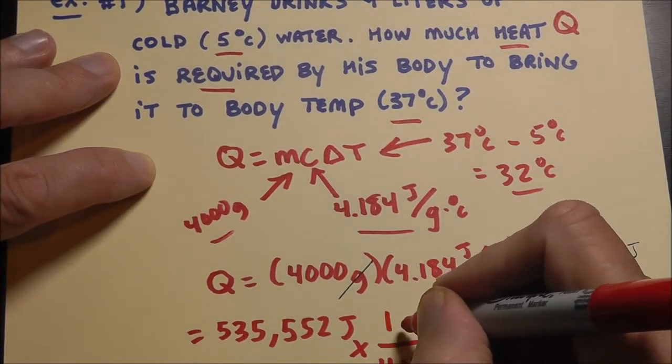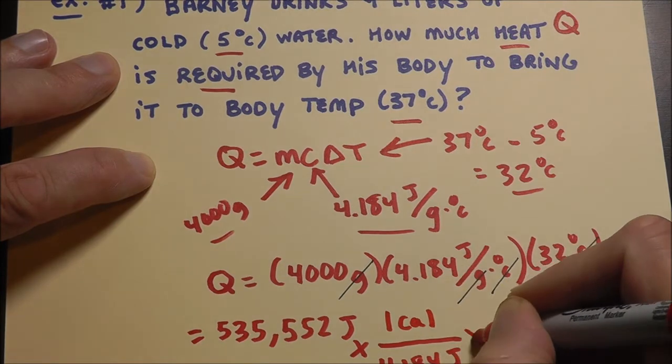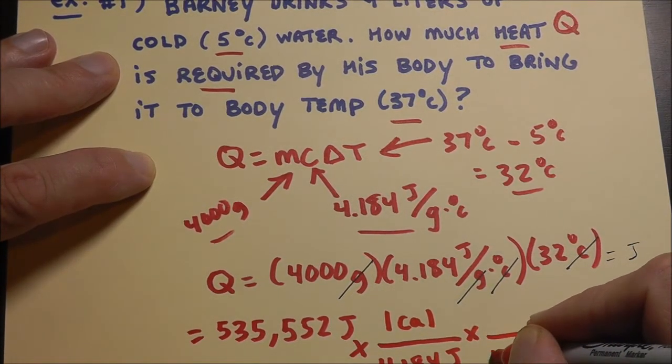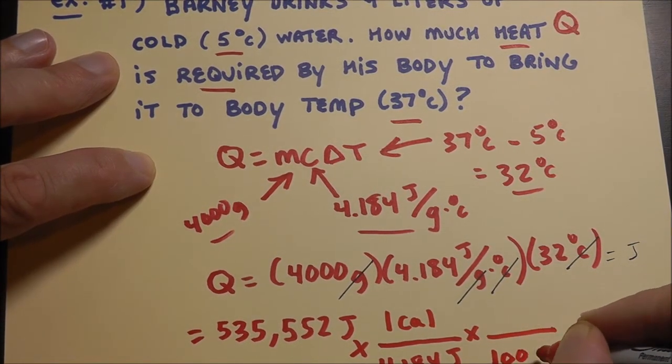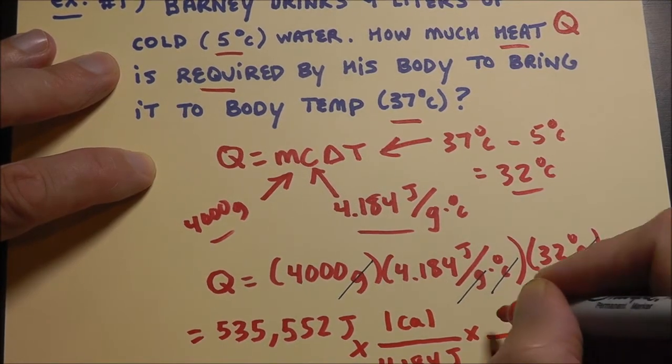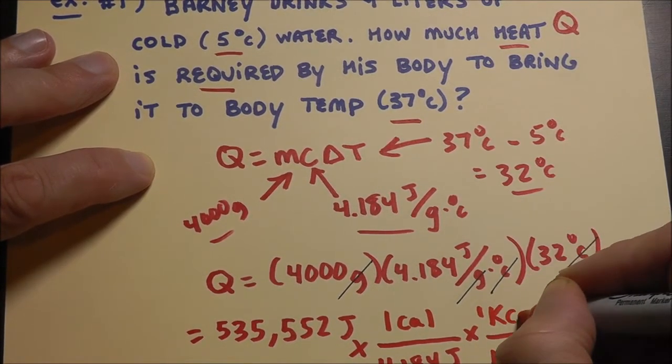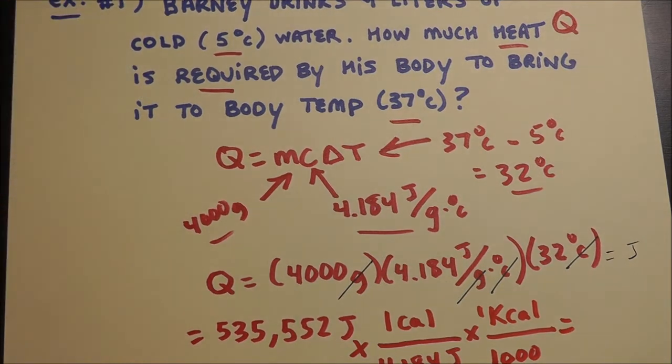And now you're still probably pretty flummoxed, like that's still a lot of calories. 1,000 calories is a kilocalorie. That's what a food calorie is.